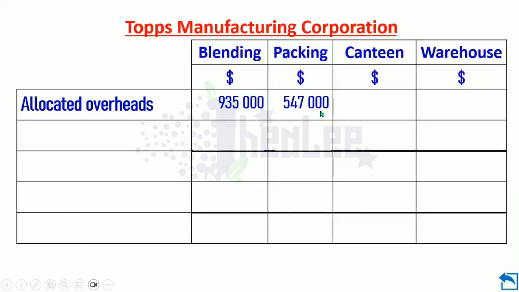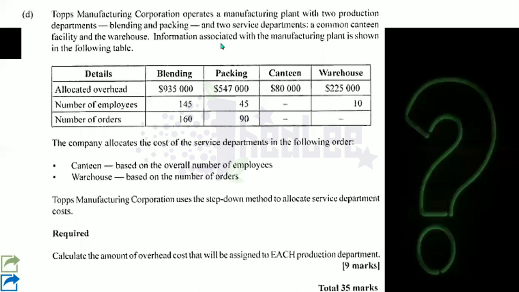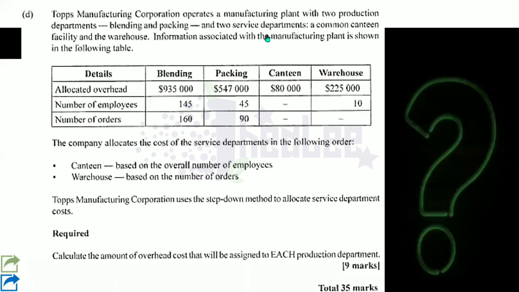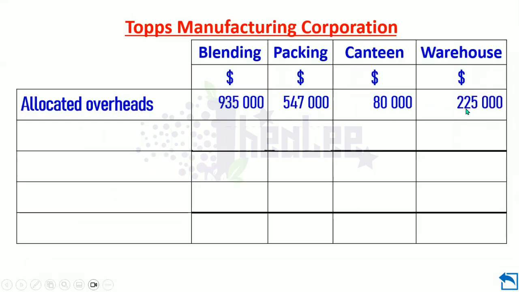Back to the question for canteen, canteen is $80,000. And for the warehouse, the figure for allocated overhead is $225,000. So we're going to ensure that we record that. Now that we have our overhead cost, we're going to proceed to start our allocation.